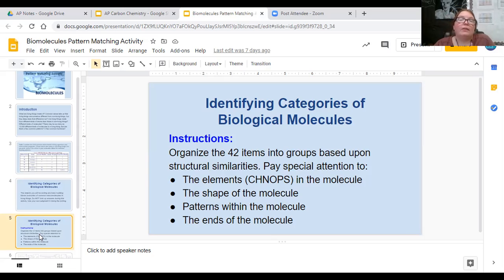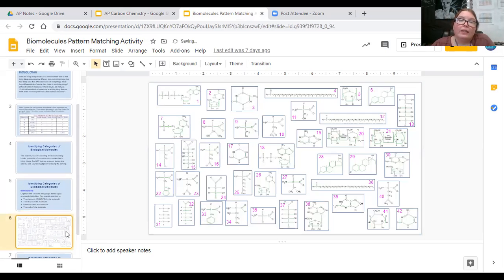There may be a couple others thrown in there, like potassium's K and sodium is Na, but these are the big ones. So look for the shape of the molecule, patterns within the molecule, and the ends of the molecule. I'm just going to throw a hint out there. Maybe, just maybe, you should rewind this video and look at the functional group chart, and that might be able to help you just a bit with some of this.